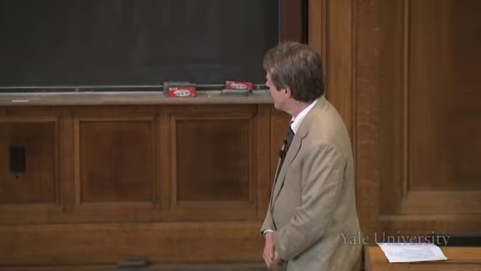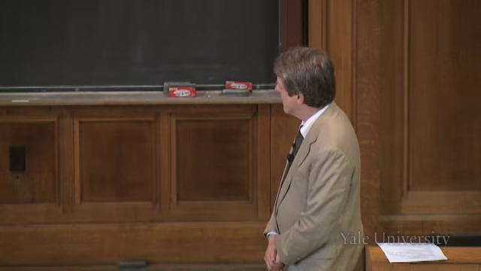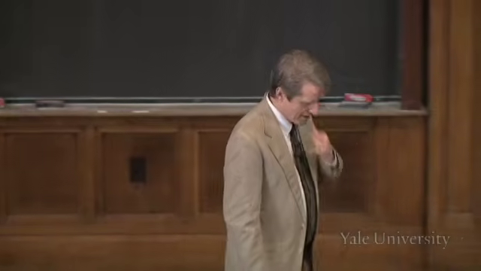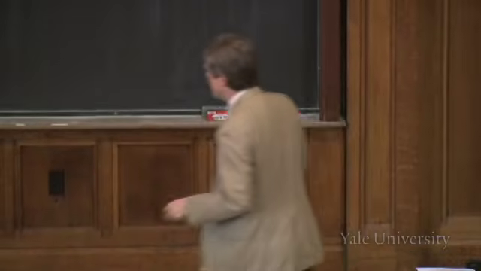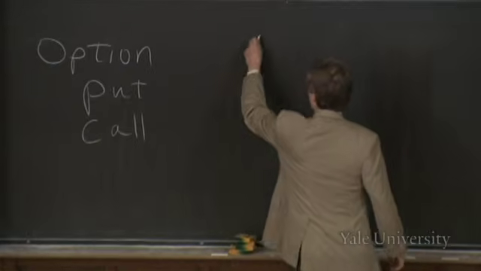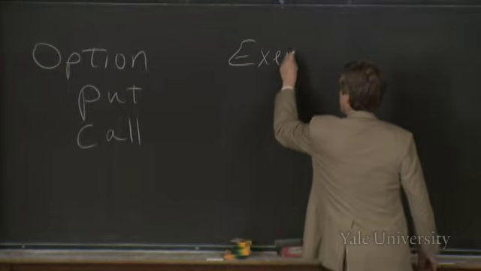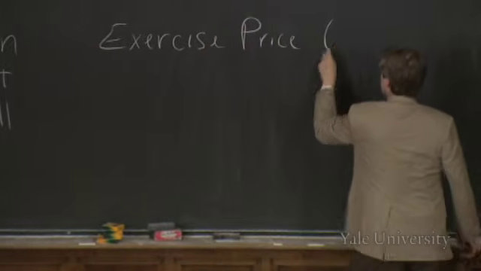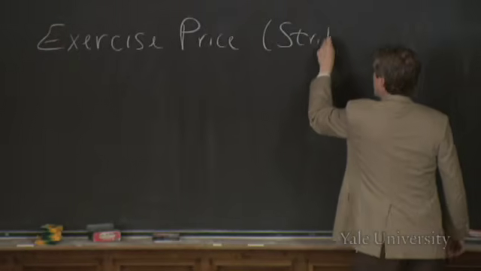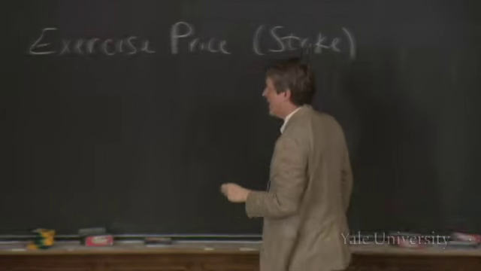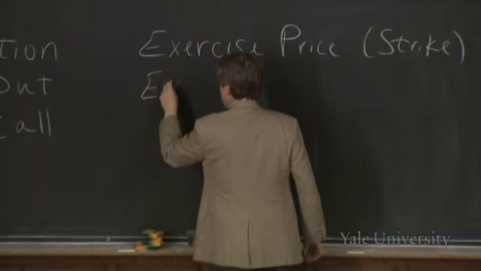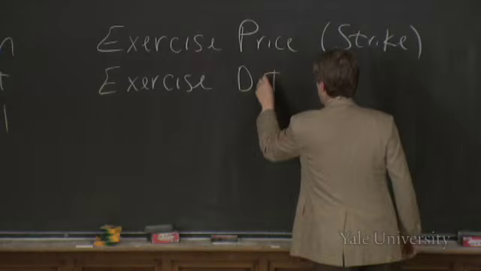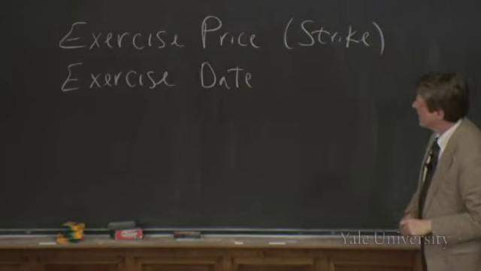So the option would have, if it was a put option and there was a price, then you would have the right to sell, and, well, let me see, there's the exercise price, also known as the strike. And there's the exercise date.